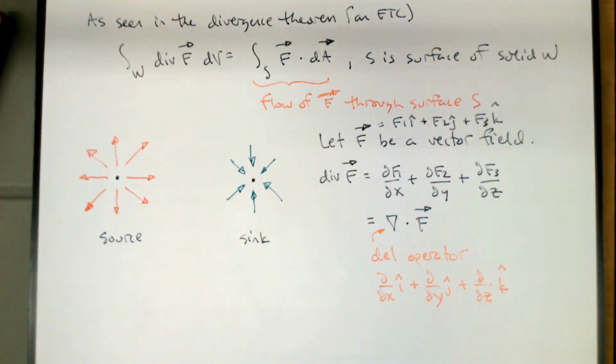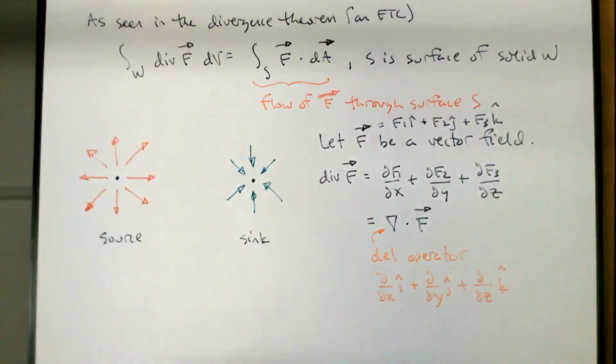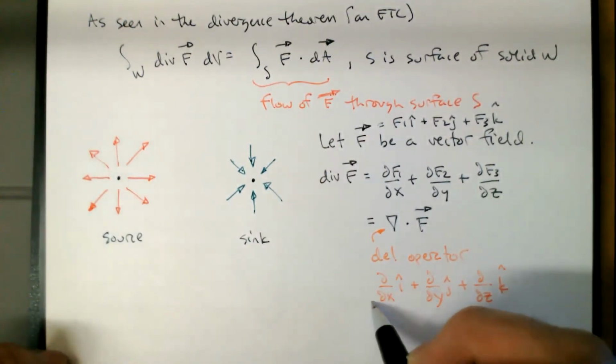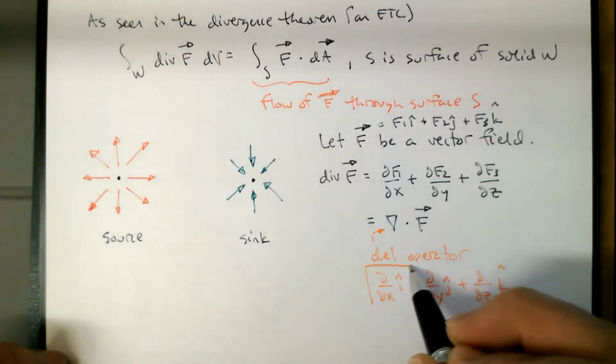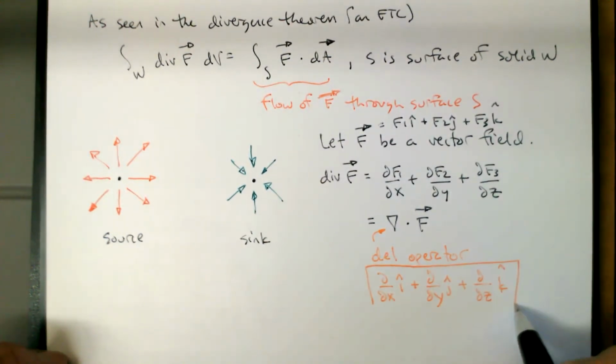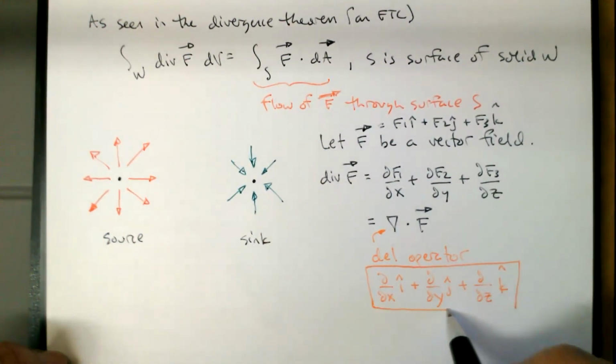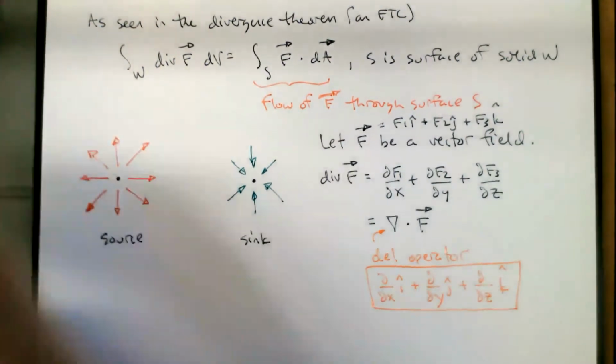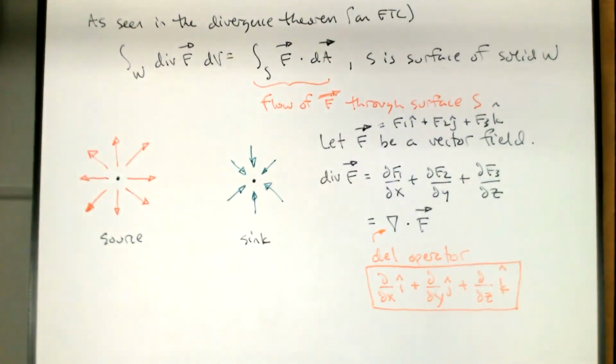So this del operator is a vector. And the dot product of this del operator and a vector field is the divergence of that vector field.